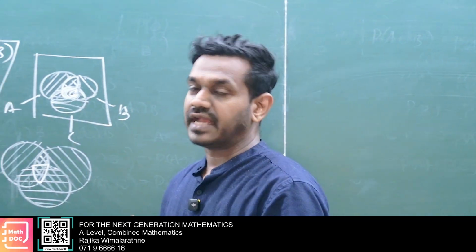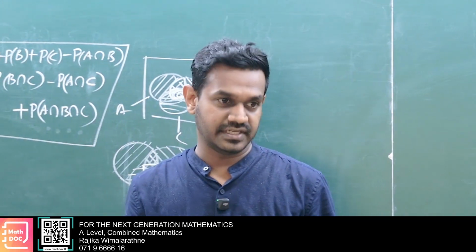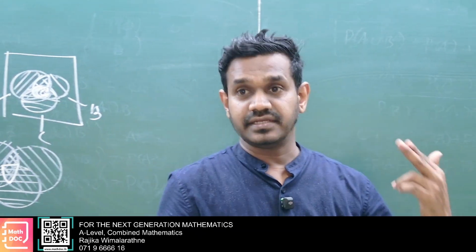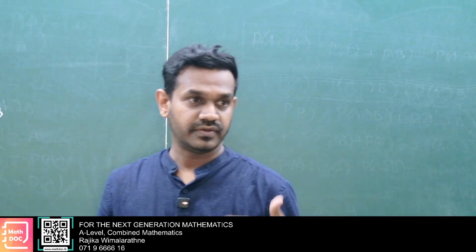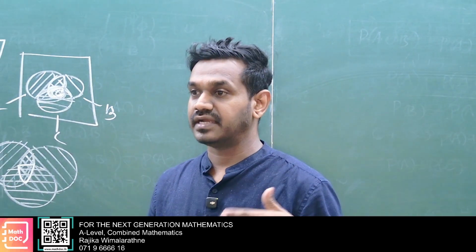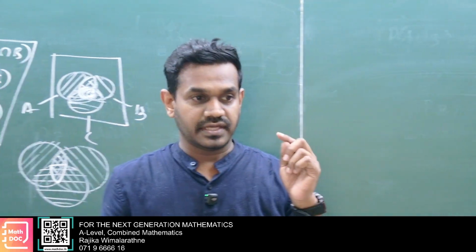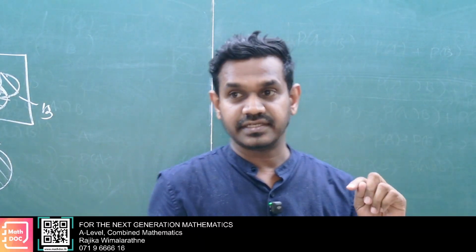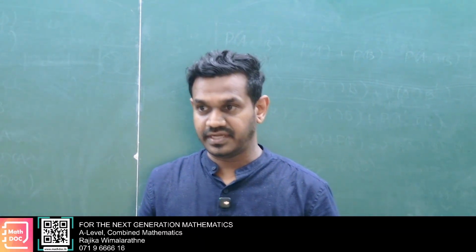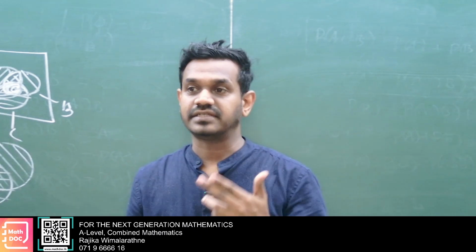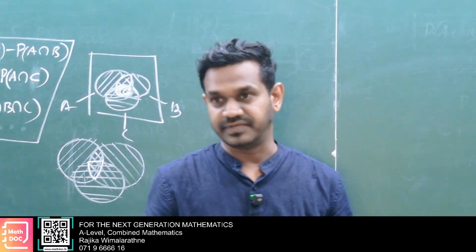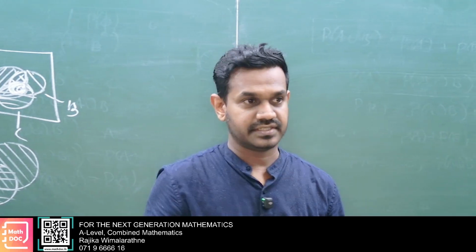In that case we have to do the same experiment again and again. We introduce n divided by capital N as the relative frequency. As capital N goes to infinity, n divided by N goes to a finite value, which we call the probability. That is the frequency definition.